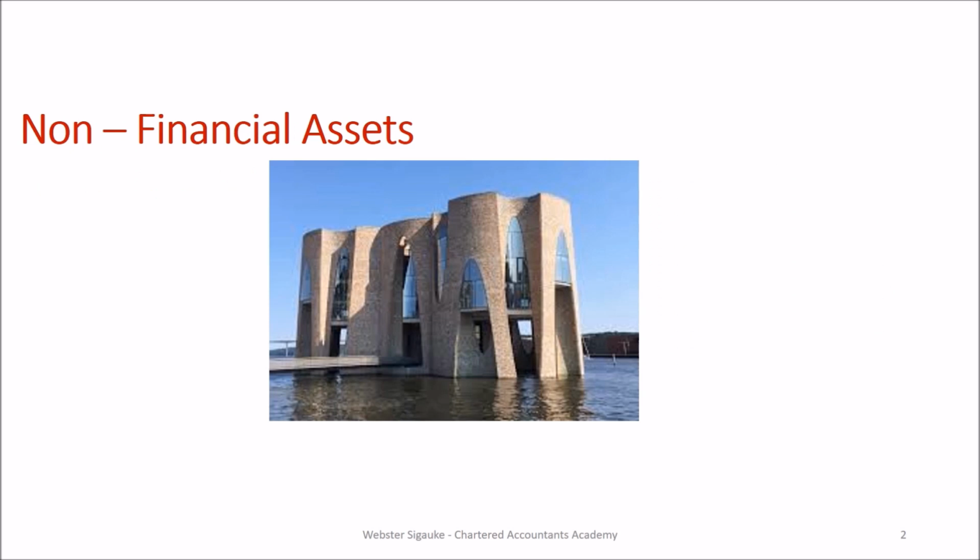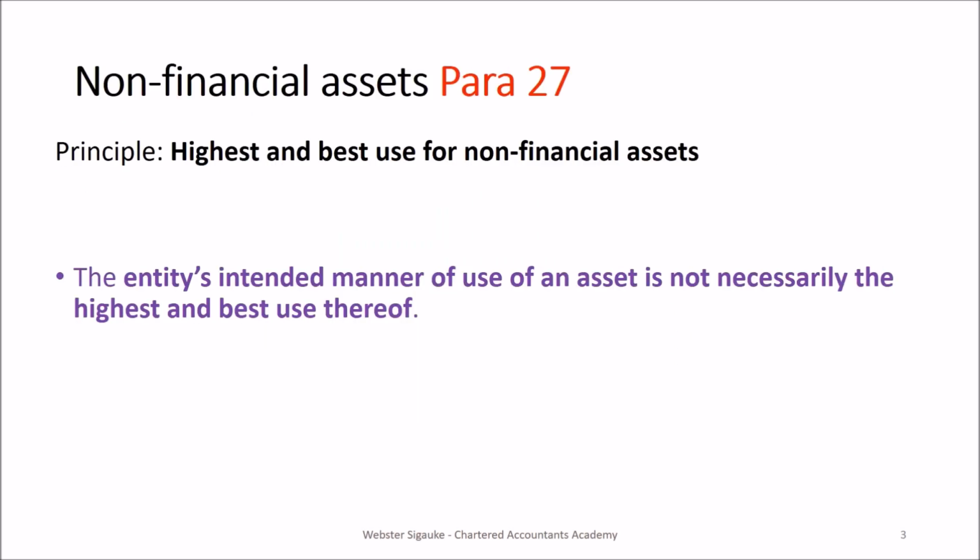Okay. So for non-monetary assets, we jump to paragraph 27. That is the key paragraph that you want to apply here. When we talk about a non-monetary asset, the thing that you need to take into mind is the moment it becomes non-monetary, principal market becomes difficult to obtain.